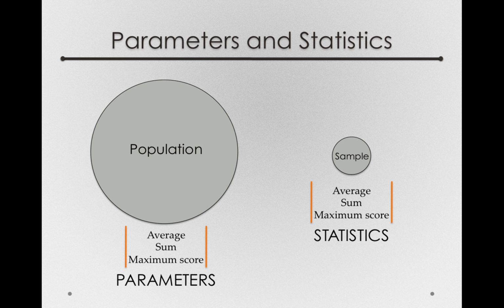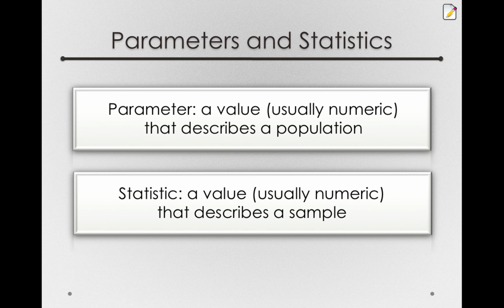So we wouldn't want to call a sample average a parameter. It could be wrong. And in the sense of wrong, I mean it could be different from the population. So a parameter is a value, and usually numeric, that describes the population, whereas a statistic is a value that describes a sample. And remember, we're using statistics to make inferences to parameters.